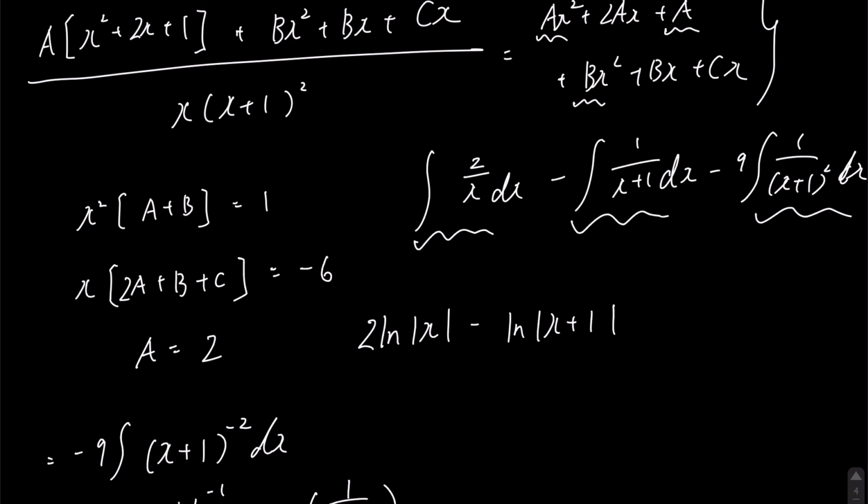The integral of 1 over (x plus 1) squared is just negative 1 over (x plus 1). So okay, that's the answer.